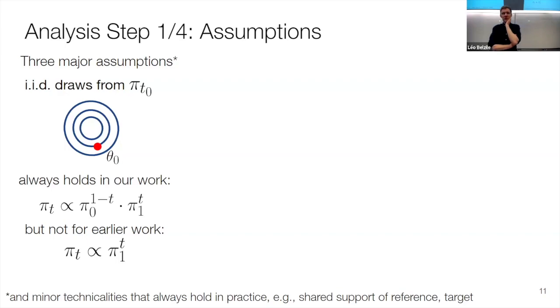In earlier work, people have considered different paths, in particular just pi 1 to the power t, which doesn't necessarily guarantee that you can get good draws when t is small. And not only that, that distribution may not even be normalizable, may not even be a probability distribution, right? It might be improper for certain values of t.